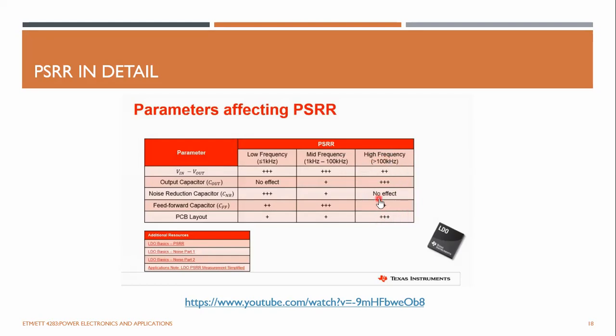So considering all this, even though the datasheet shows you a nice graph based on some characteristics for a given test setup, there could be other factors which affect the PSRR as well. So you have to keep in mind that these parameters should be taken into account when you design your power supply for low noise applications.